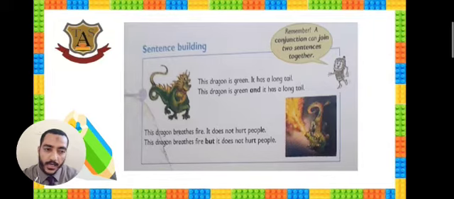I ran after the bus and I didn't catch it. So we join these two sentences with "but". It will be: I ran after the bus but I didn't catch it. Okay, very good.